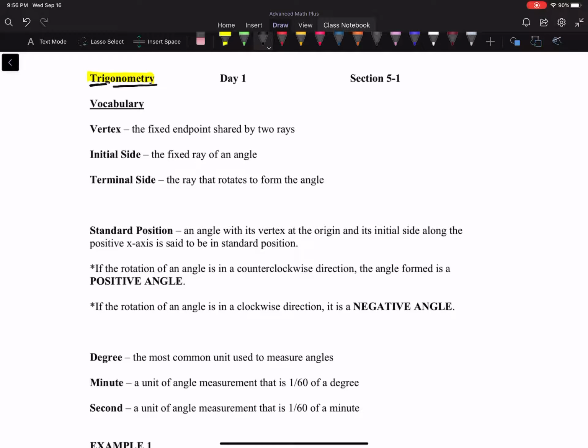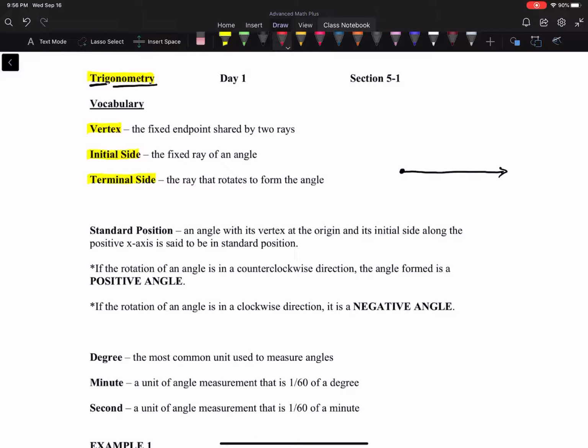So quick little vocab lesson here. When you're talking about an angle, every angle has a vertex, an initial side, and a terminal side. So if I were to draw one, here's the vertex, and the initial side is the fixed ray of the angle. It's the side that doesn't move. It's gonna stay.